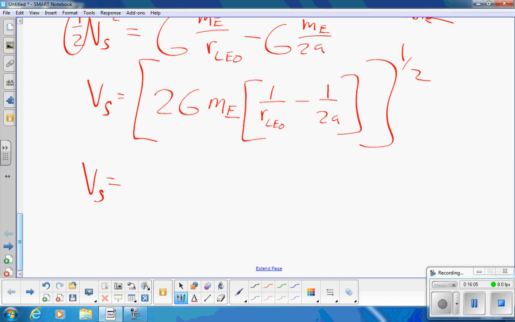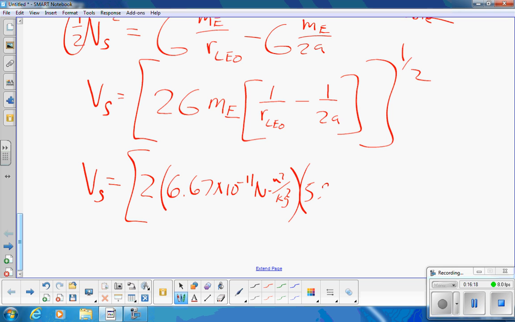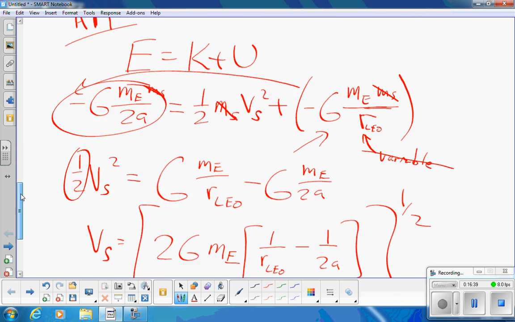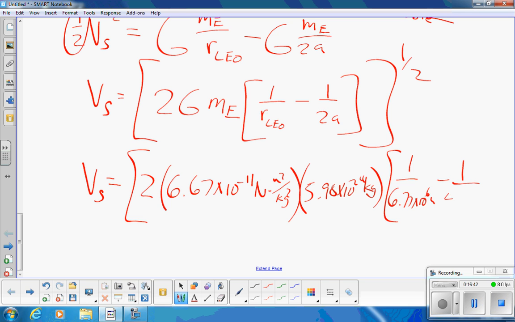Vs equals, you're going to watch me sub in the numbers. 6.67 times 10 to the minus 11 meters squared per kilogram squared, times mass of Earth, which is 5.98 times 10 to the 24 kilograms, times 1 over r Leo, which I remember, 6.77 times 10 to the 6 meters, minus 1 over 2a, that's the major axis, which I just got up here, 4.91 times 10 to the 7, 1 over 4.91 times 10 to the 7 meters. The whole thing is going to be square rooted. All right, now I'm going to do some math.